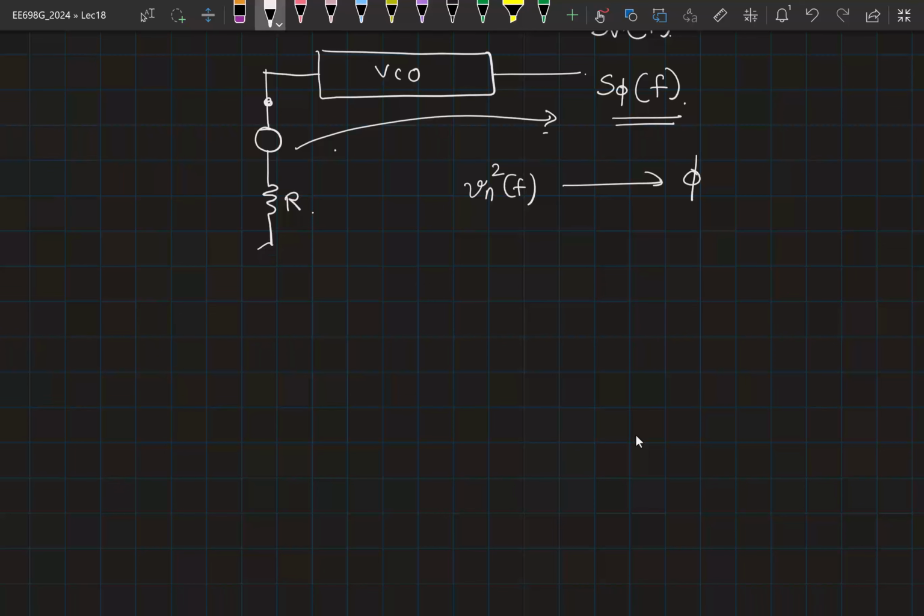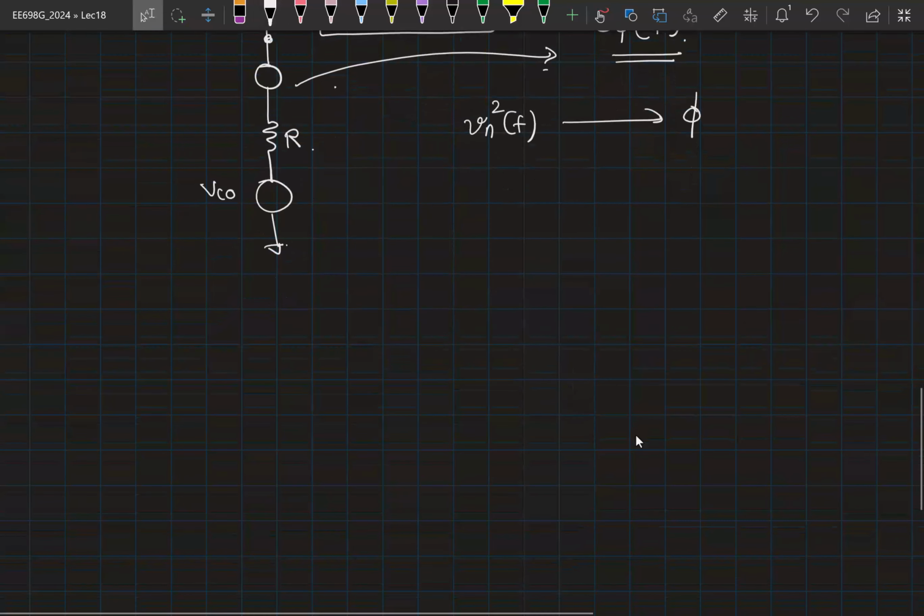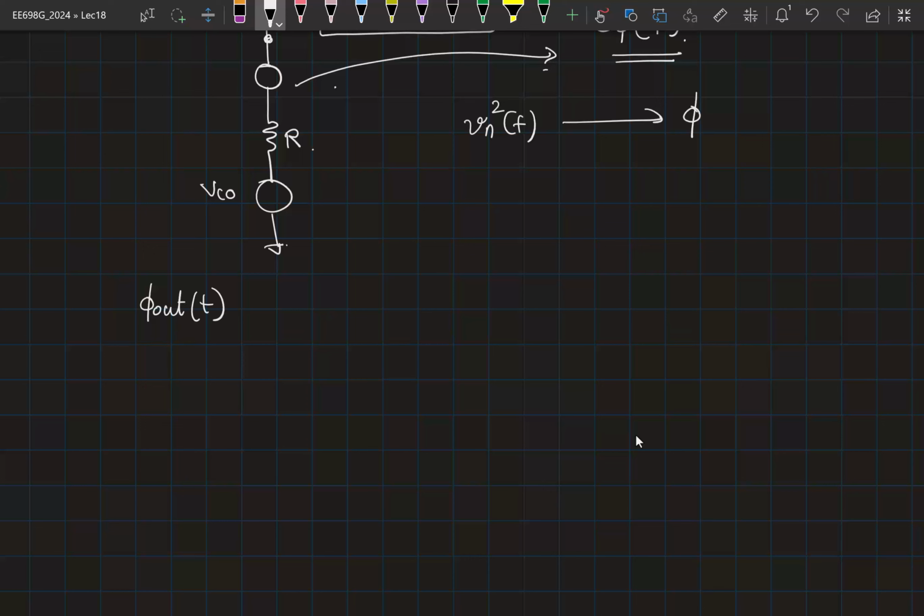If you want, we can add a bias voltage like this. So now this is going to cause voltage fluctuations around some VC0. So we know the relationship between phi out of t and VC. What is the relationship? Omega out is omega naught plus kVCO into VC.